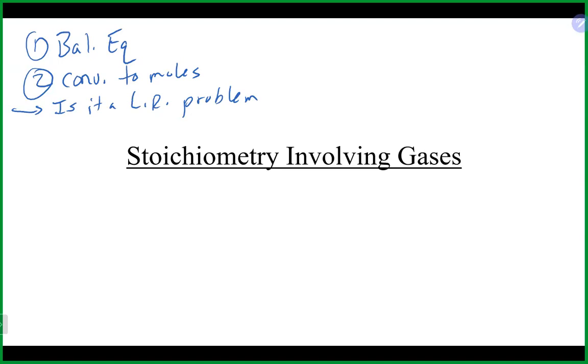However we get there, we have enough information given to us to know the moles of each one. And if that's the case, then it is a limiting reagent problem, which we do have to take into account. If it's not, and it's just a basic problem, where you're given maybe one piece of information, then you could roll without doing the limiting reagent part. We then want to go to the mole to mole relationship from the balanced equation.